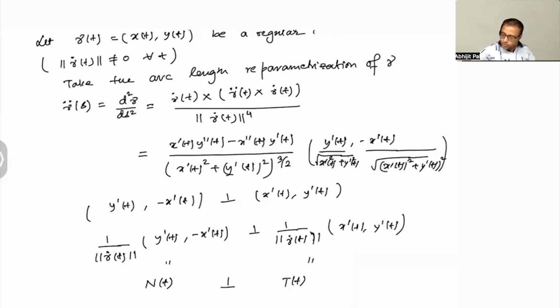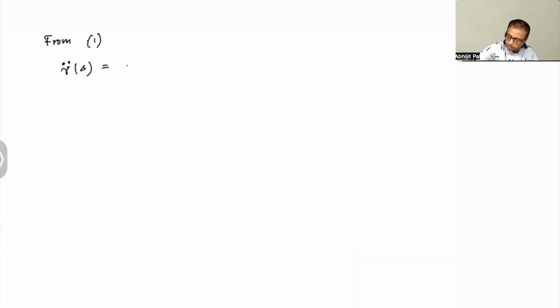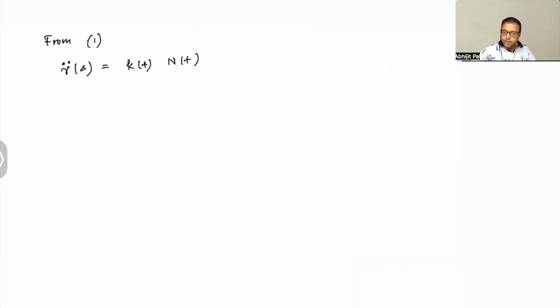Therefore, from equation 1, gamma double dot s is equal to kappa_s times the normal vector. N(t) is the unit normal vector here.